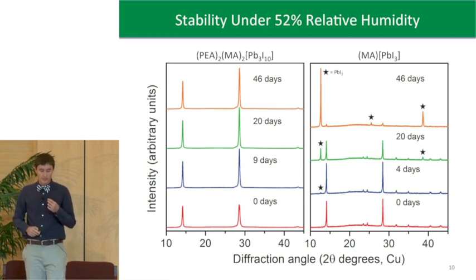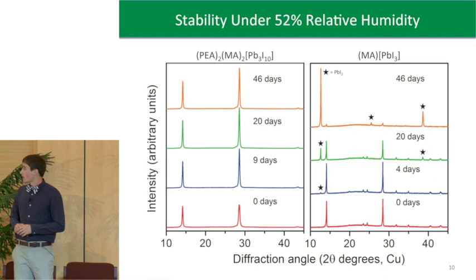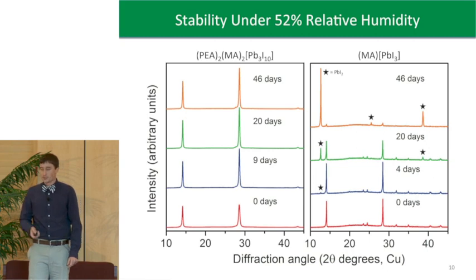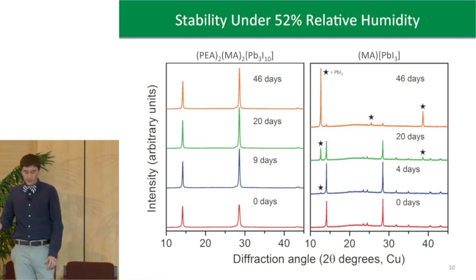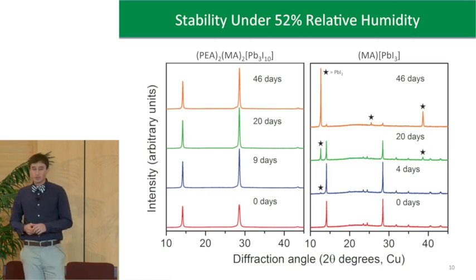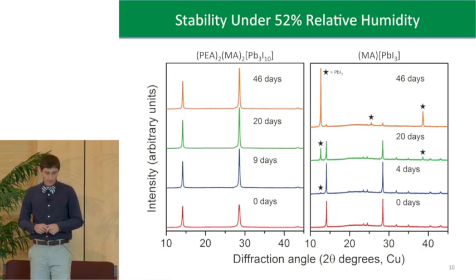Importantly, this material is stable to humidity, both during the deposition and after. So here I've shown a methylammonium lead iodide perovskite film that has been exposed to 52% relative humidity over 46 days. And even after 4 days, you see it's starting to convert into PbI2, lead iodide. And after 46 days, it's actually almost fully converted.